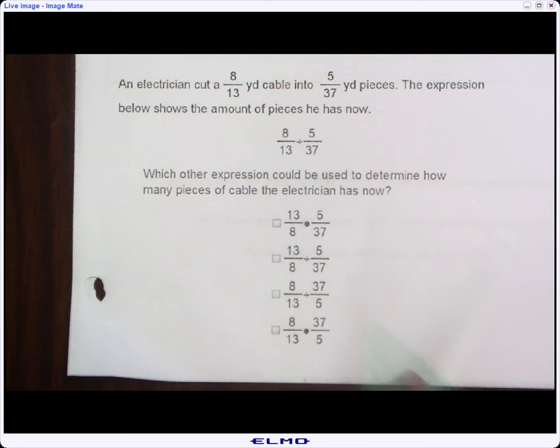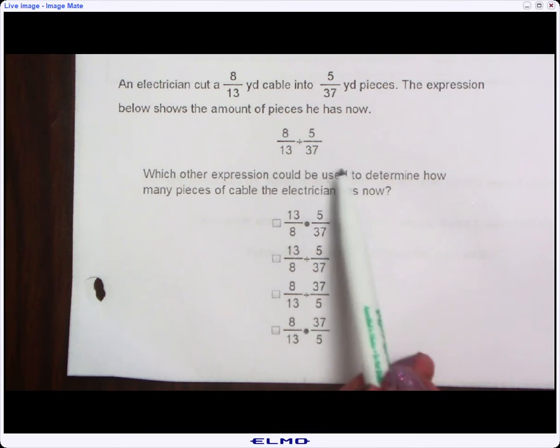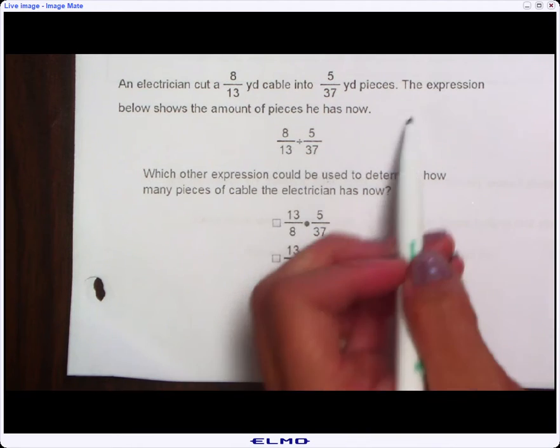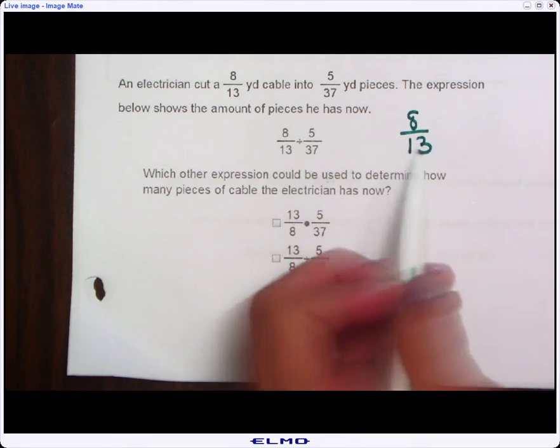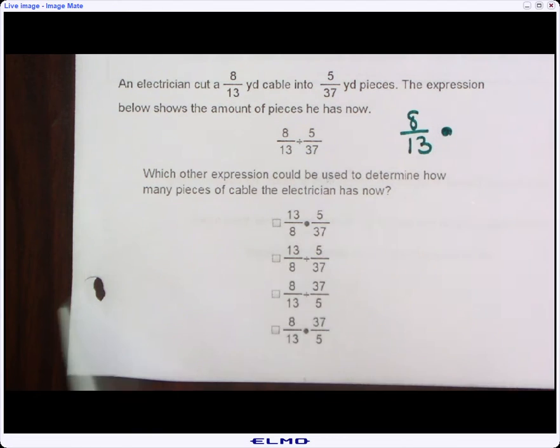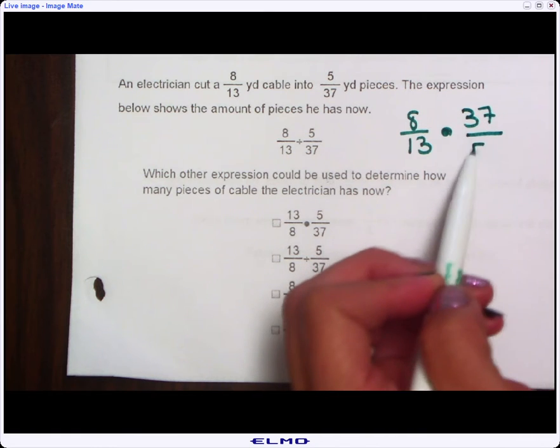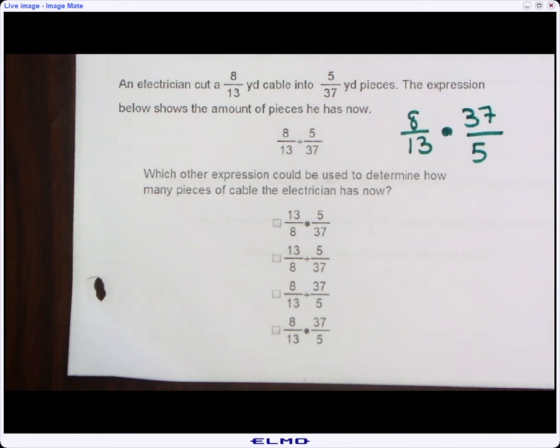Well, the first thing that comes to my mind is that when I'm dividing fractions, I need to turn it into a multiplication problem. And you might remember that vocabulary video, the keep, change, flip, that's the action. So we're going to keep this, change the division into multiplication, and we're going to flip this second fraction. And that's how we'd multiply it if we were doing it by hand.